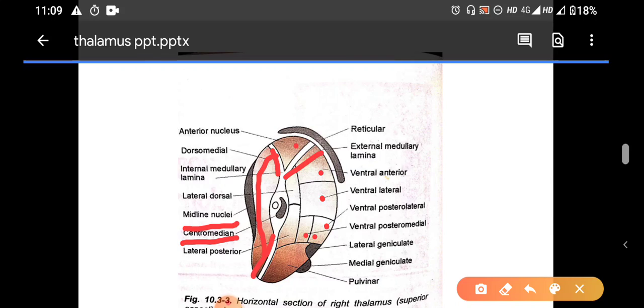So these are the ventral nuclei. Then the lateral group of nuclei is divided into lateral dorsal, lateral posterior and the pulvinar group of nuclei. Also we have the lateral geniculate body and the medial geniculate body. So in this way the thalamic nuclei can be classified anatomically.